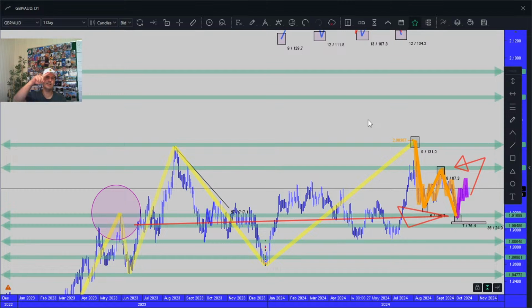Until it's making higher highs, higher lows, the yellow is pushing the price action up. Does this make sense? As Date says, the orange is the retracement on the market wave.